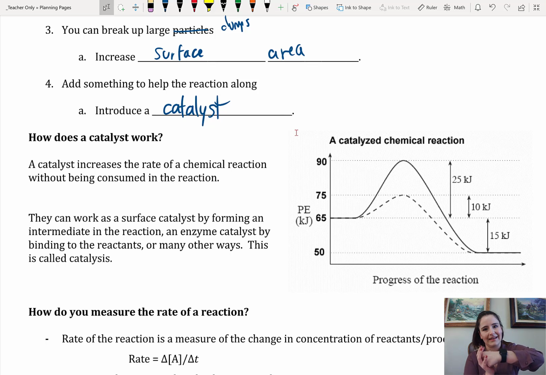The oxygen binds to your hemoglobin molecule, which serves as a catalyst to get it there and take it to where it needs to go, where it is then released. So kind of an intermediary, but your hemoglobin doesn't get used up in that reaction, just the oxygen when it goes to your cells and does all of the things that oxygen does. And anytime a catalyst is used, we call that catalysis.